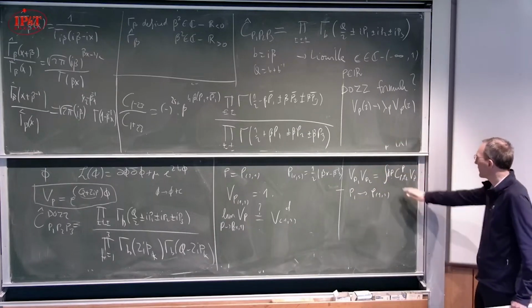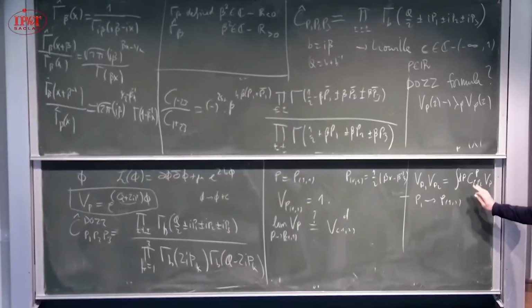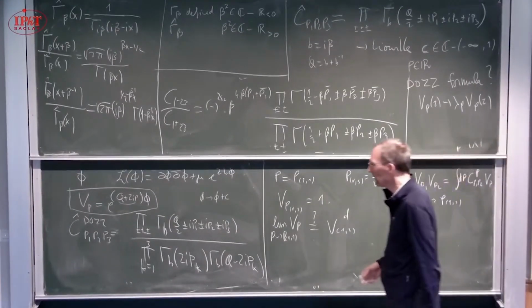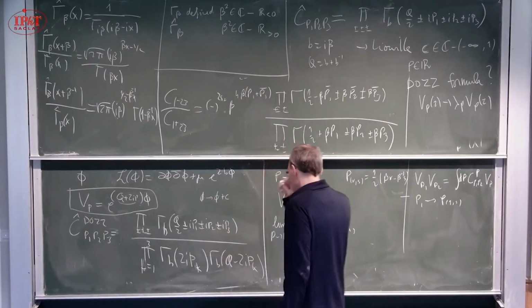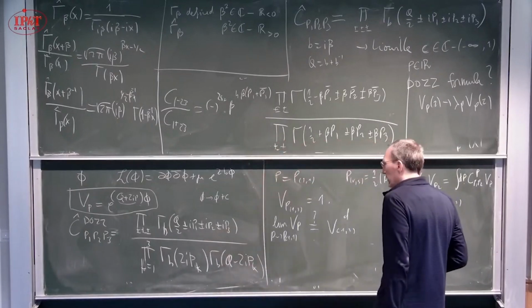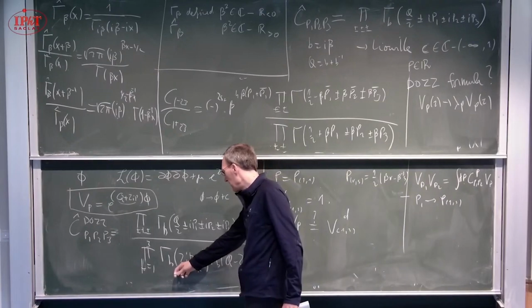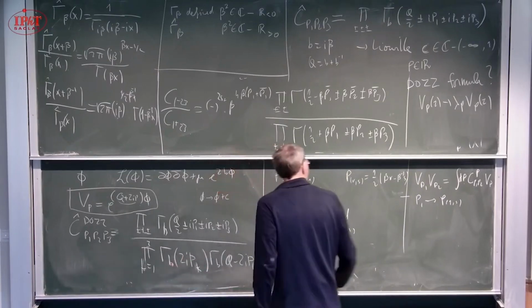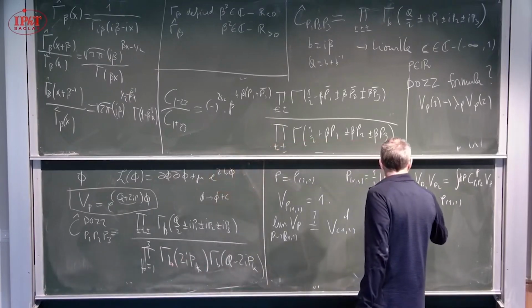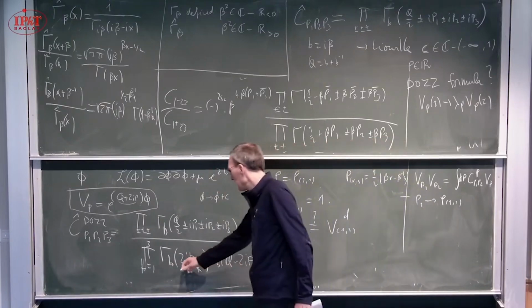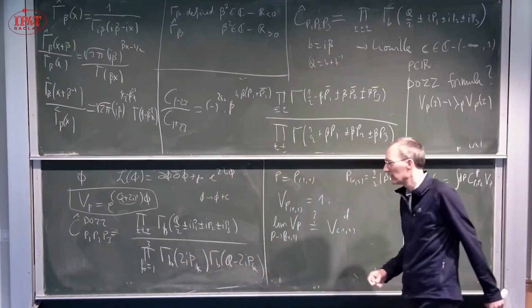So we have to look at what happens in the structure constant now, the DOZZ structure constant, this one. The first thing that happens is that you have in the denominator this Gamma_b function, and if P1 goes to P11, the corresponding Gamma_b function has a zero, has a pole, sorry.